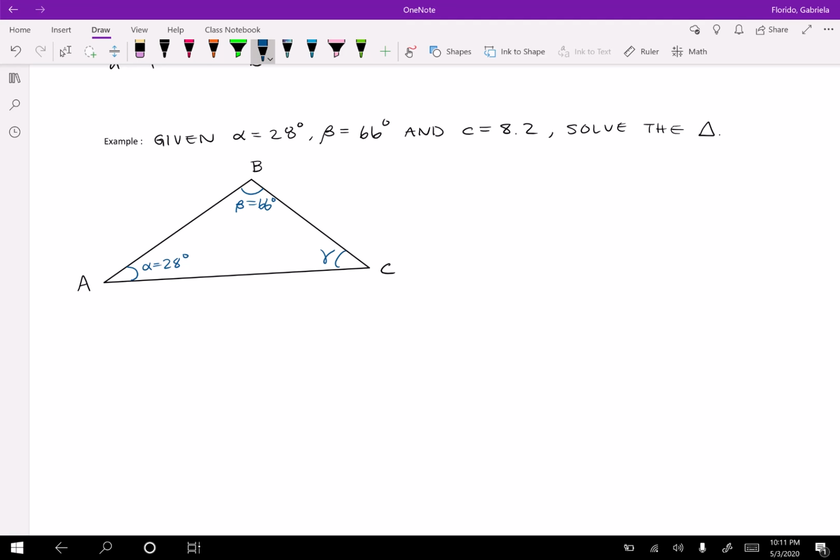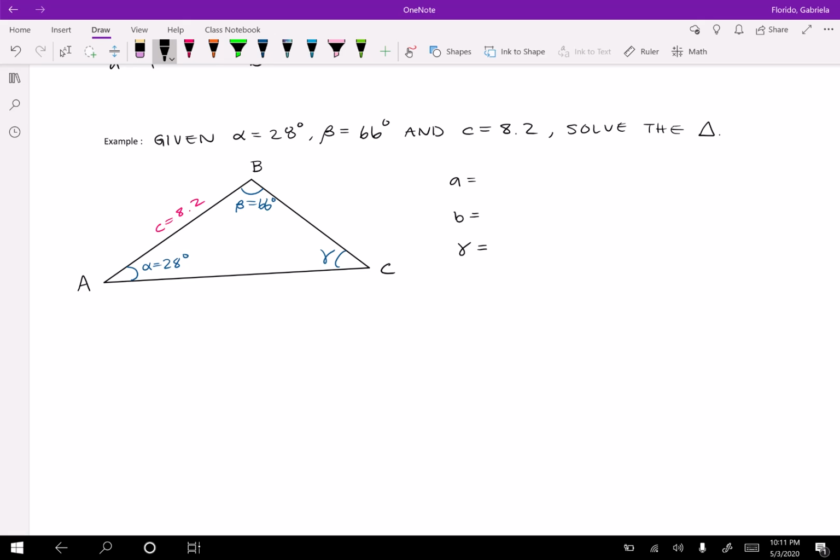And so we are given that little c is 8.2. So this is going to be little c. Okay, so what do we need to know? We need to find little a, little b, and gamma.